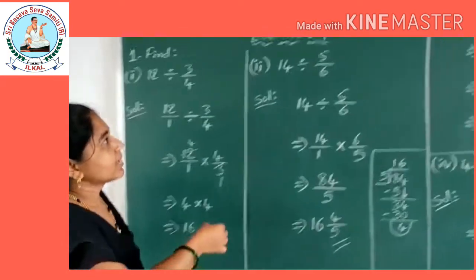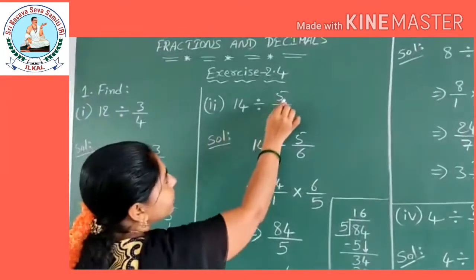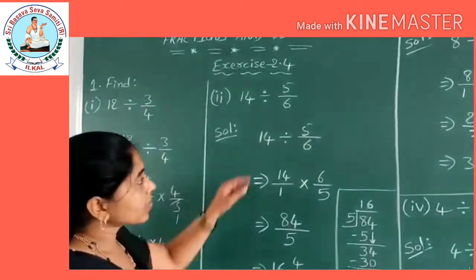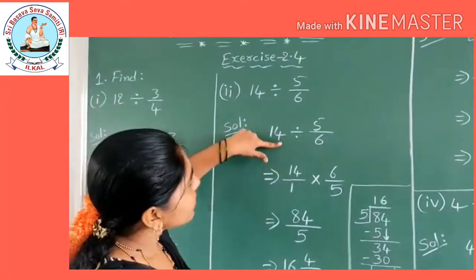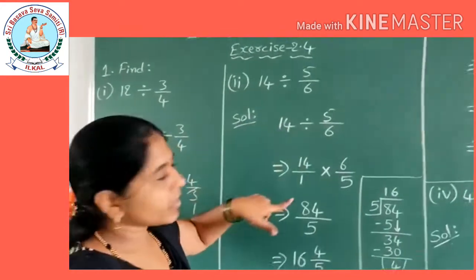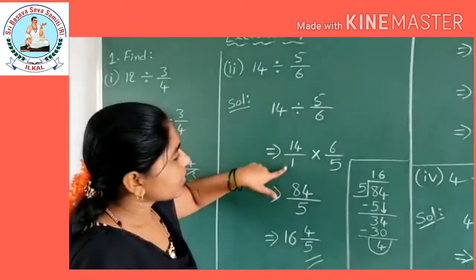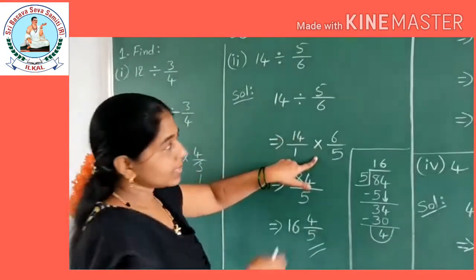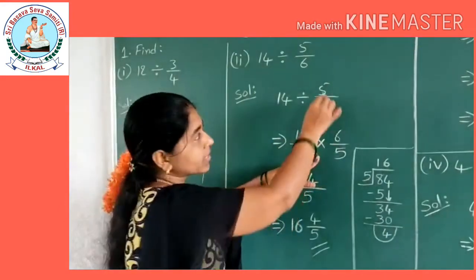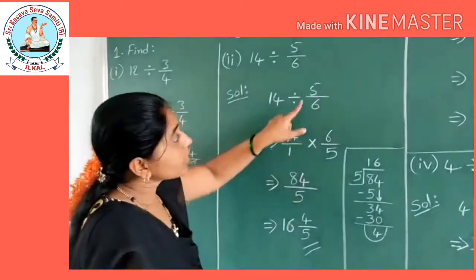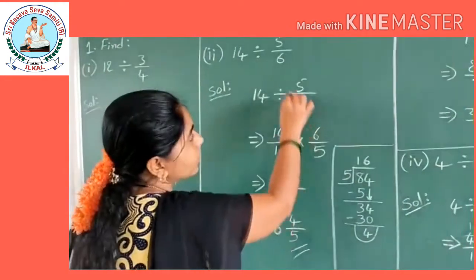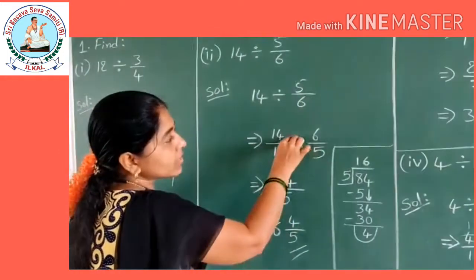Next one. 14 divided by 5 by 6. Here the numerator is 14, children. Denominator nothing is there, we can take it as 1. Then I have written 14 by 1. The division symbol I have changed to into, because I have done the reciprocal of this 5 by 6. After doing the reciprocal only we have to convert this sign.